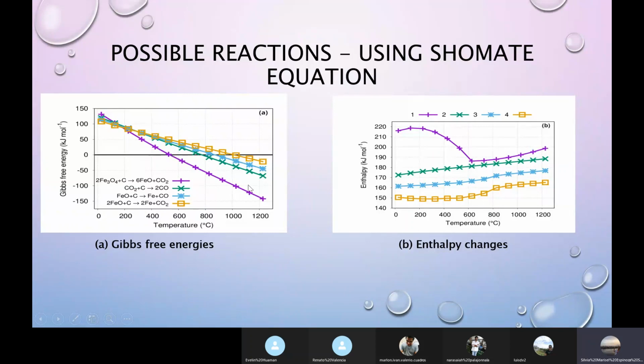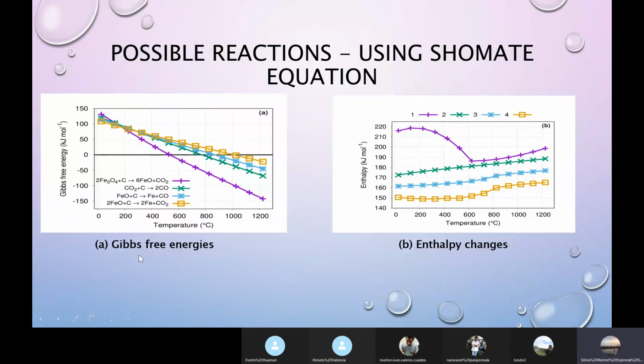Do you see the line when it converts to negative? The system is an exergonic process. And the last, the wustite, is around 850 Celsius, respectively, as can be seen in the figure.